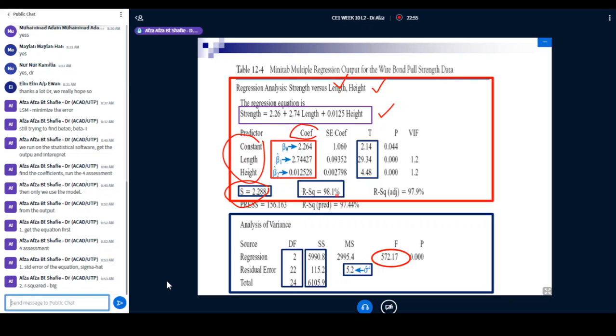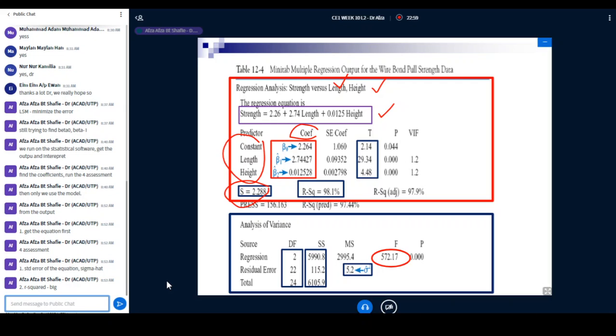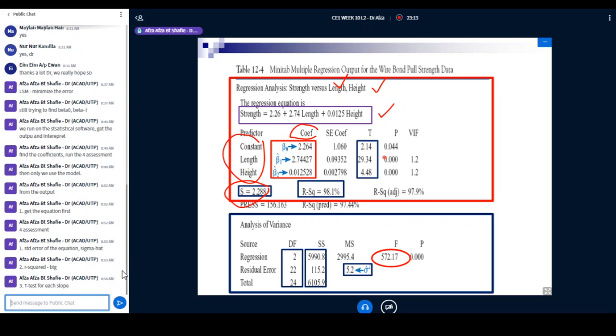Next, we look at the t-test. In the t-test, you need to look at each variable individually. First, let's look at the length.